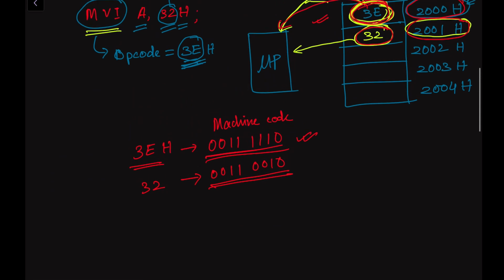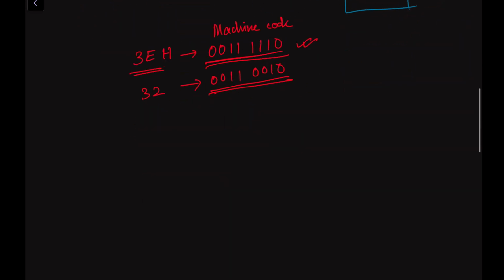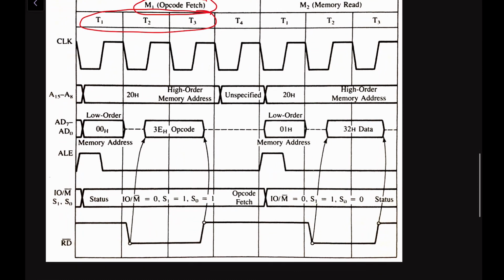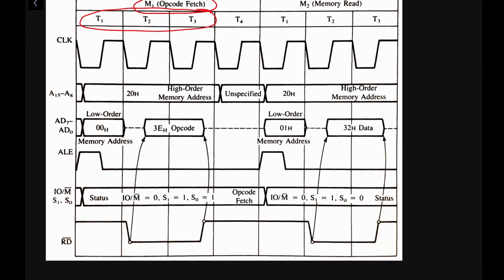This one is the opcode. Let me use another color. The microprocessor will read this 3E from the memory, and in the 4th clock cycle, it does not read any information, but it decodes the opcode. Whatever operation it needs to execute, it will understand from the instruction code or the operation code.